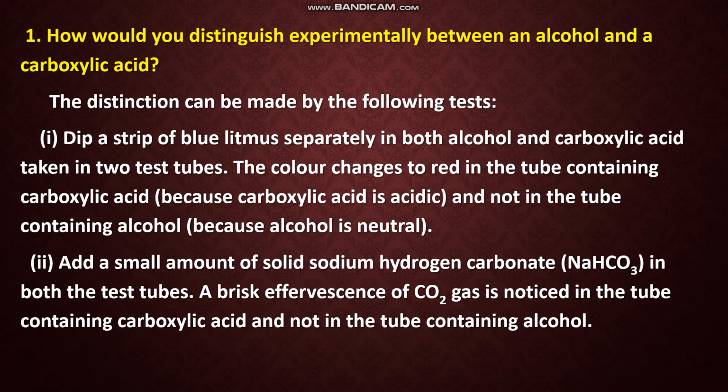The reason? Alcohols are neutral. So if the color changes, that test tube contains carboxylic acid. If the color does not change, the test tube contains alcohol. This is one of the tests.